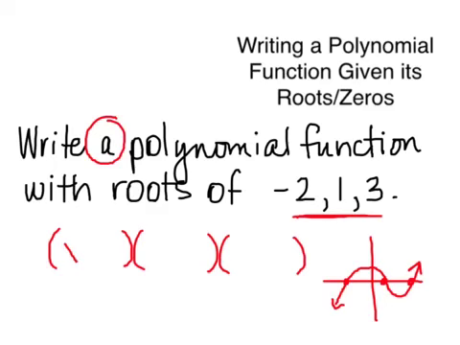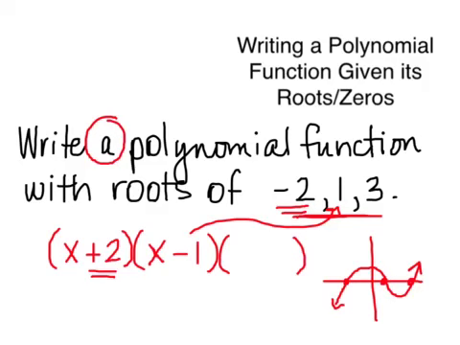And so basically you go x minus -2 or x plus 2, and you can just think of this will always look the opposite of the 0. And then x minus 1 would have given you the 0, 1, and x minus 3 would have solved to give you the answer +3.